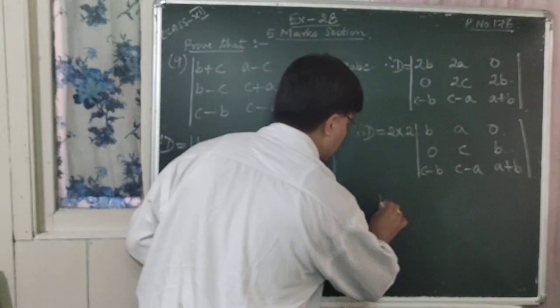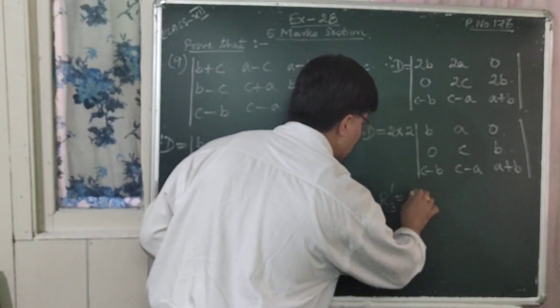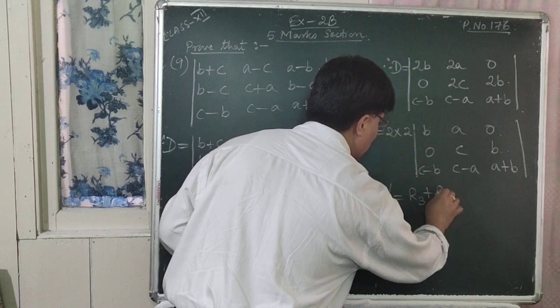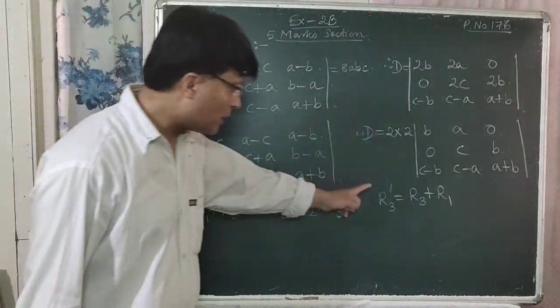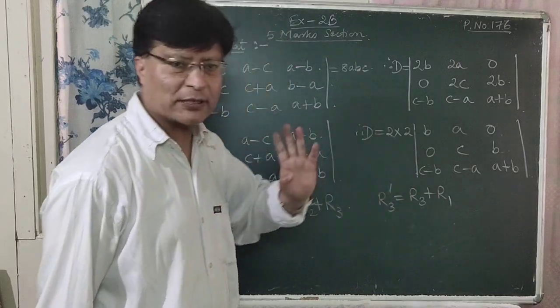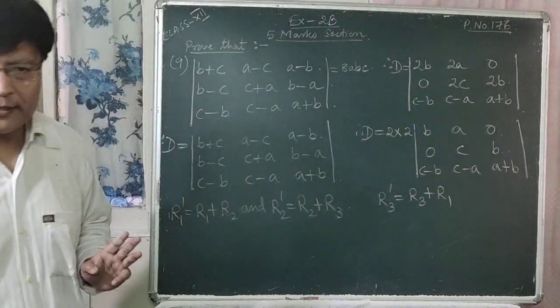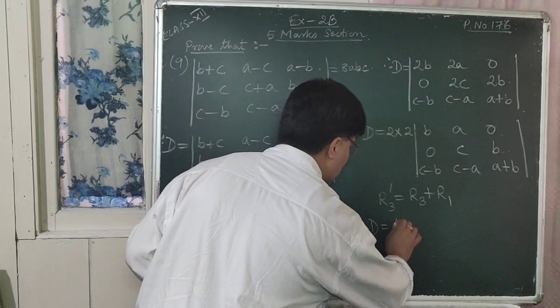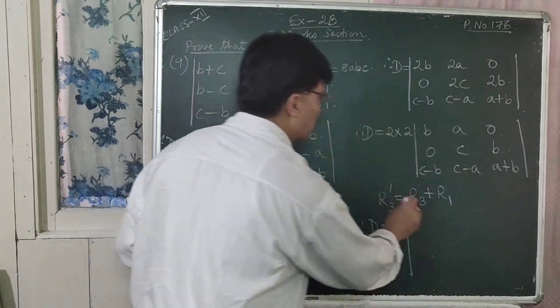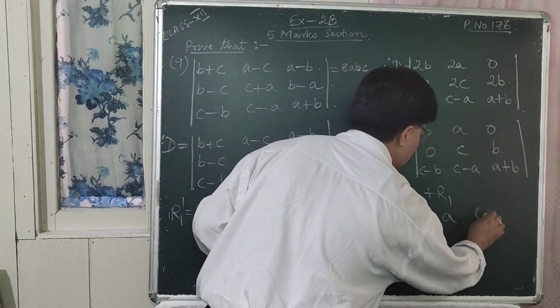So right now, R3 dash is equal to R3 plus R1. That means which row is changing? The third row is changing, right? So therefore D is equal to 4 times the determinant. What is the first row? b, a, 0.